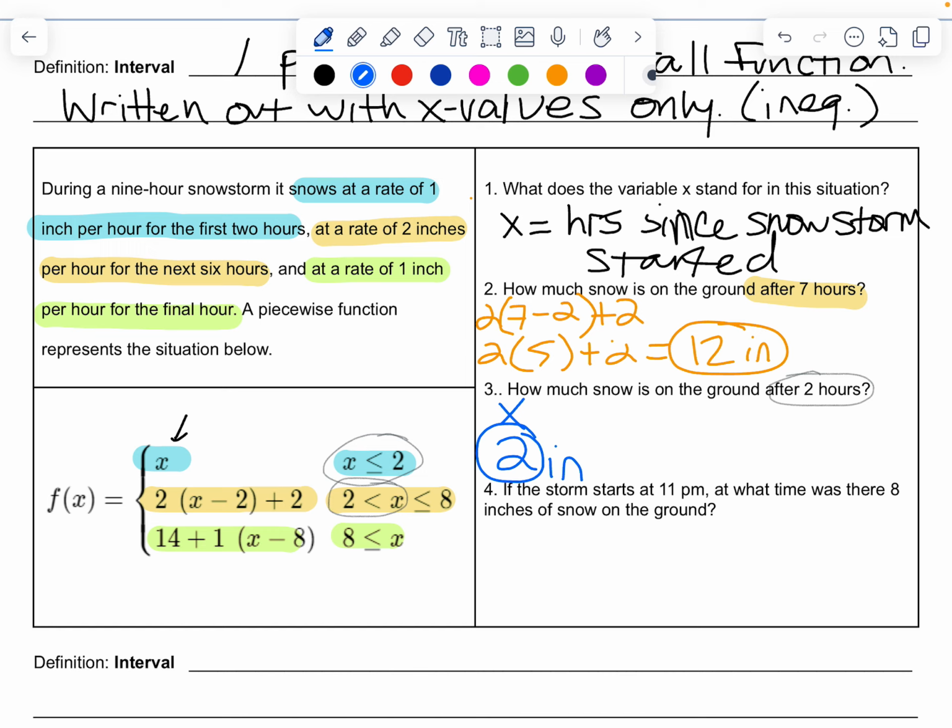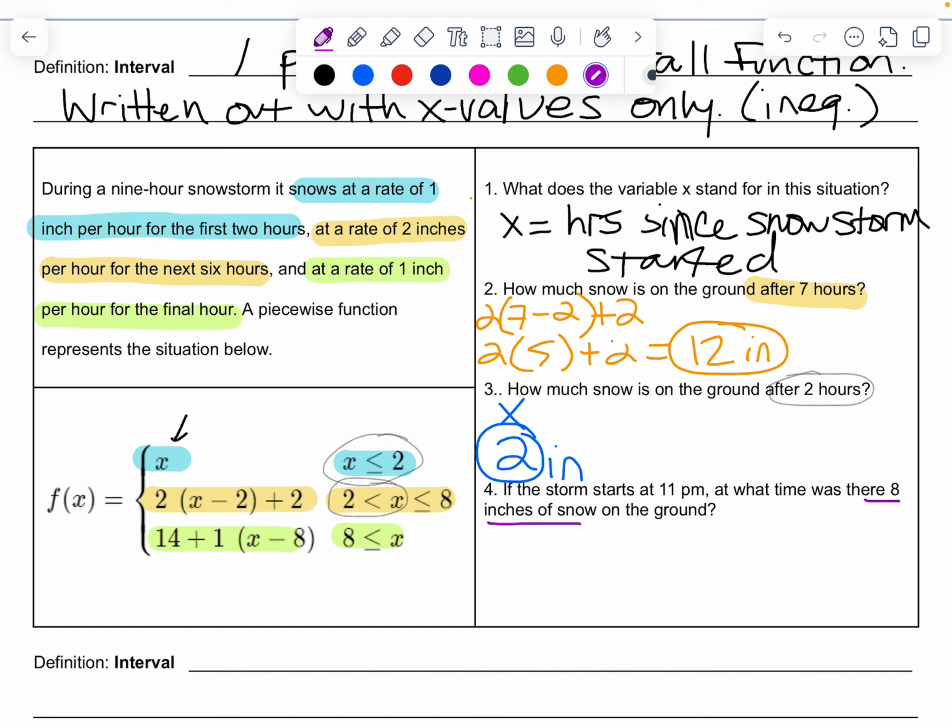And I know that because it's giving me an amount of snow that I know. Here's a sort of trick to doing this. We should go to each interval and go to the top end and figure out exactly what it would be. And then we could figure out from there function-wise.